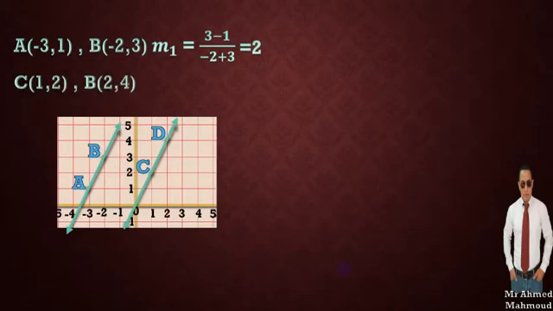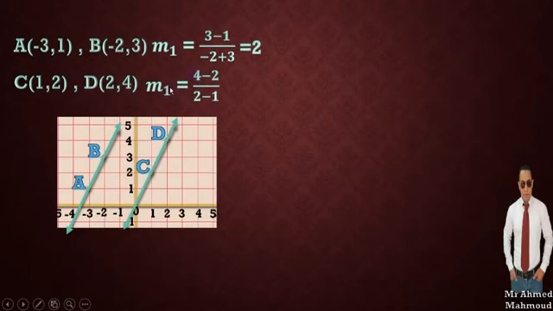C and D. So m2 equals (4 minus 2) over (2 minus 1), which is also equal to 2. Now we get that the slope of AB equals the slope of CD, also equal to 2.